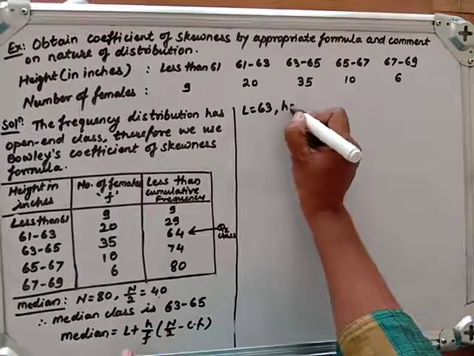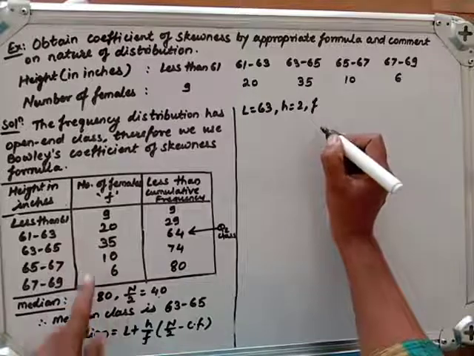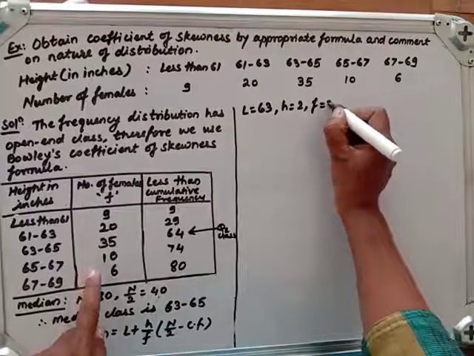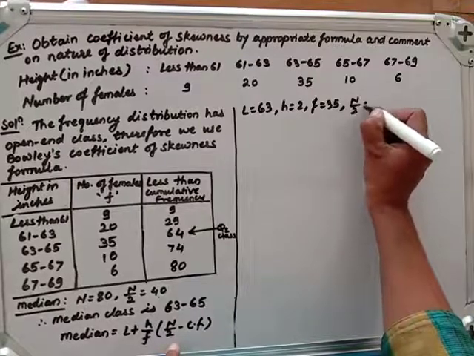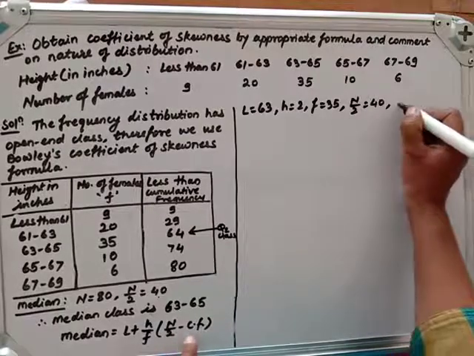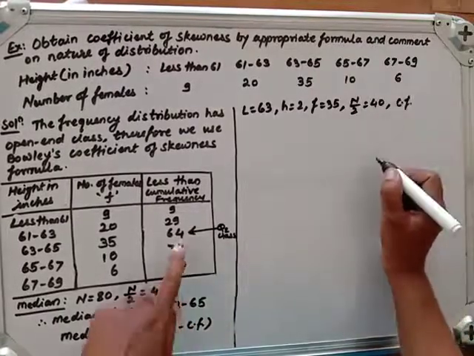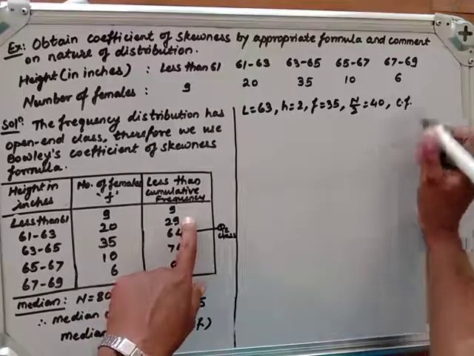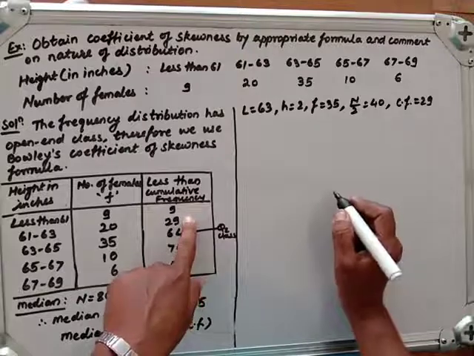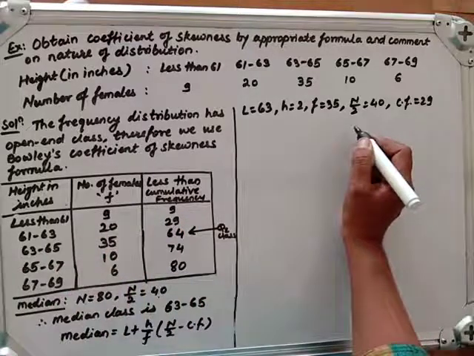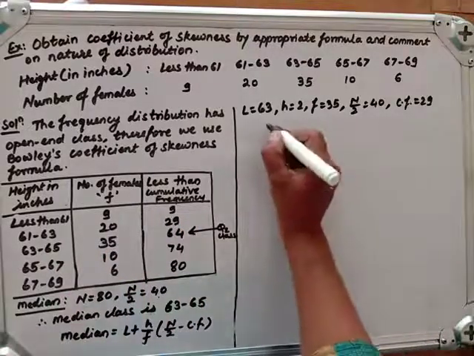H is the class width, that is 2. F is the frequency of that class, so it is 35. Then N by 2 is 40. And CF means a less than type cumulative frequency of the prior class, so it is 29.